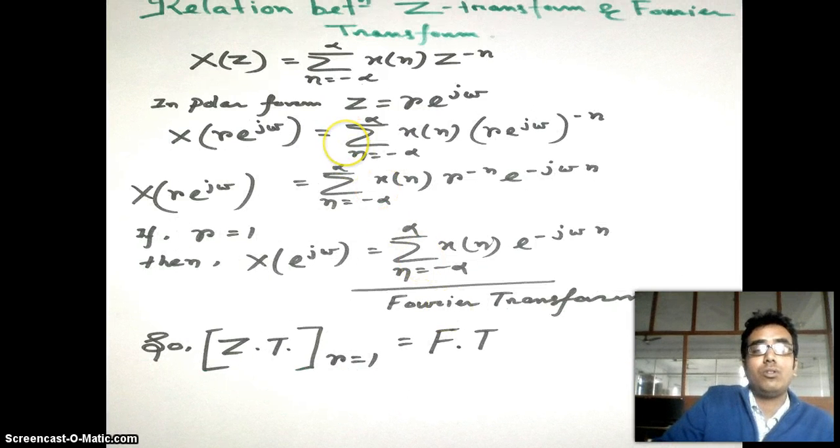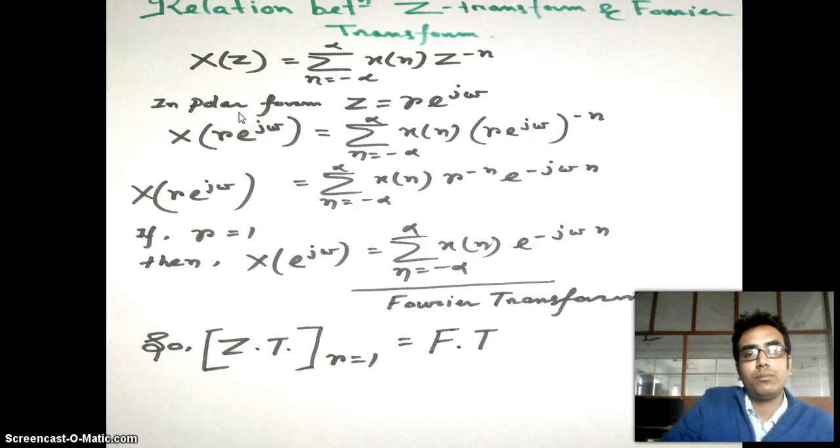Now we will go for the relation between Z transform and Fourier transform. Suppose there is a discrete signal x[n]. What will be the Z transform of x[n]? X(z) is summation n minus infinity to infinity x[n] z to the power minus n.